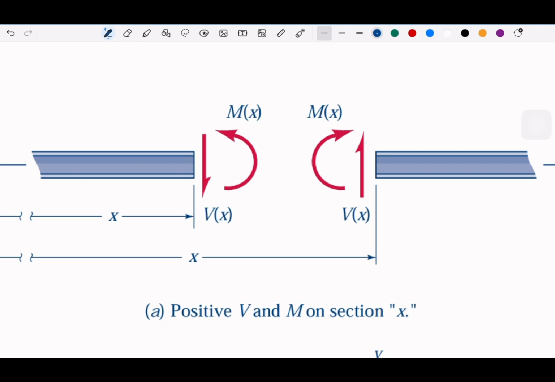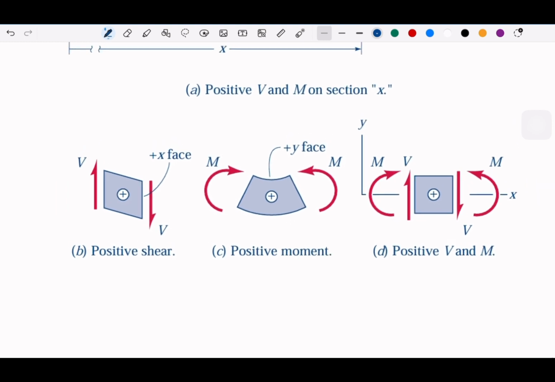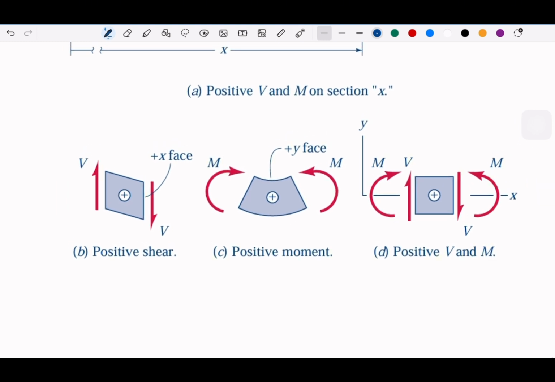Okay, and if we look at the sign conventions, for example, suppose like this one here, the first one is positive shear. And then we have the positive moment. So when we bend inwards and it becomes concave, a concave beam means that we apply bending moment like this.